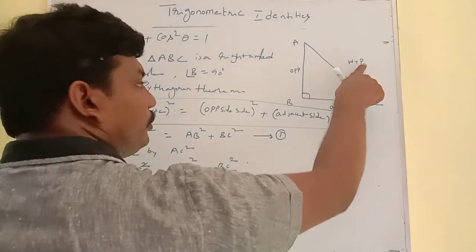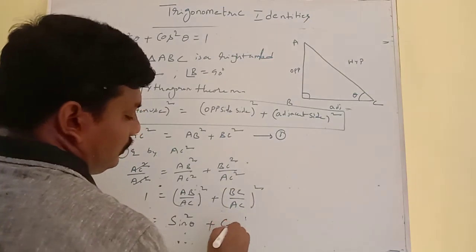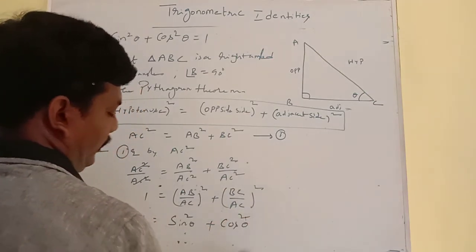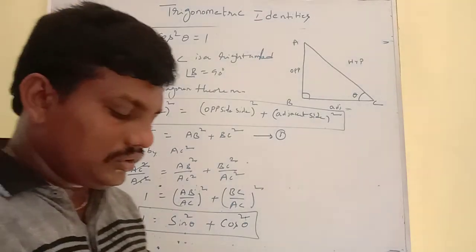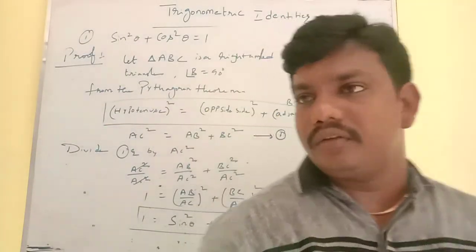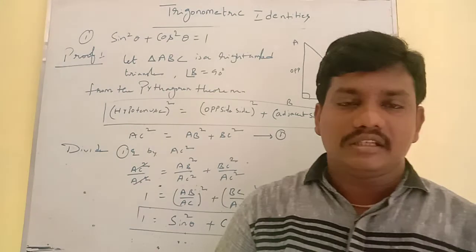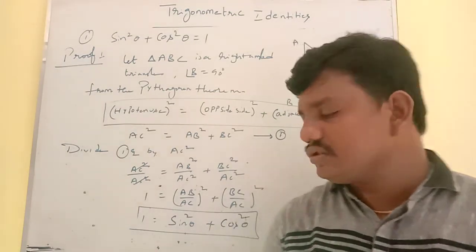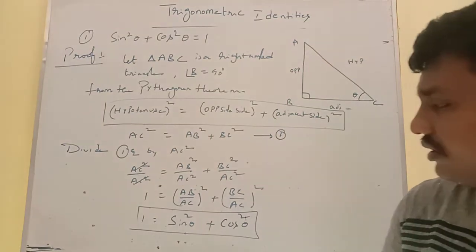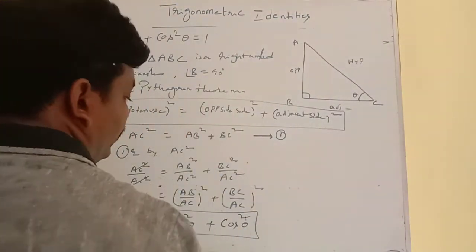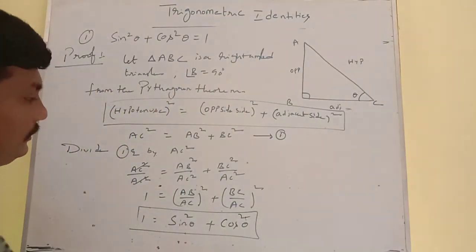Adjacent side by hypotenuse becomes cos, so that is cos square theta. So we proved that 1 equals sine square theta plus cos square theta. That can be written as sine square theta plus cos square theta equals 1. This is the first trigonometric identity we verified.